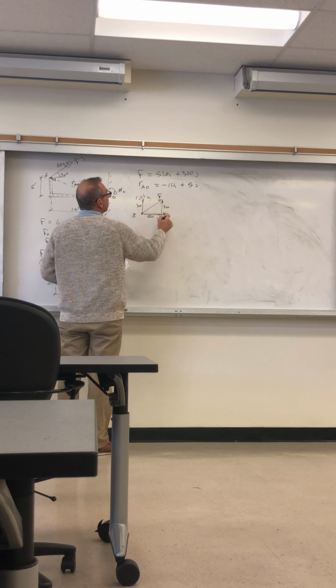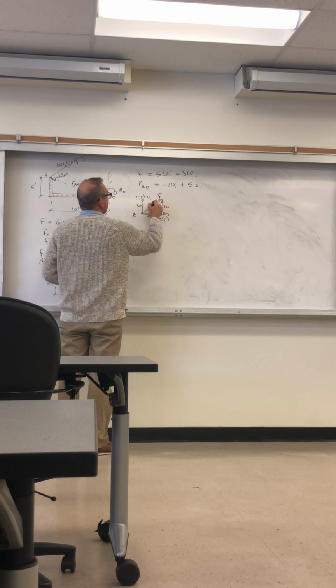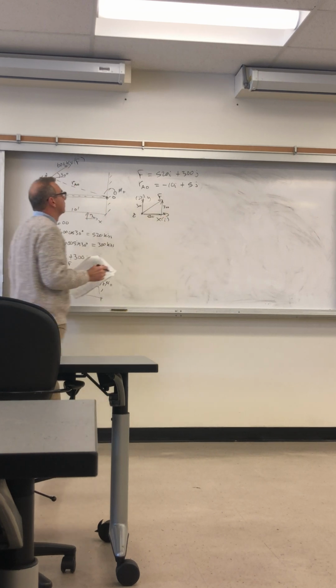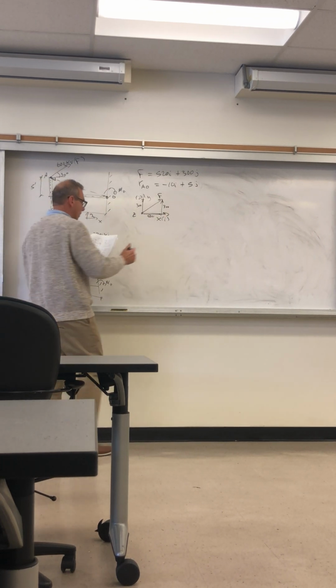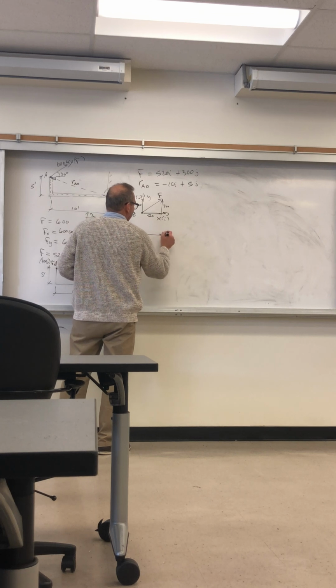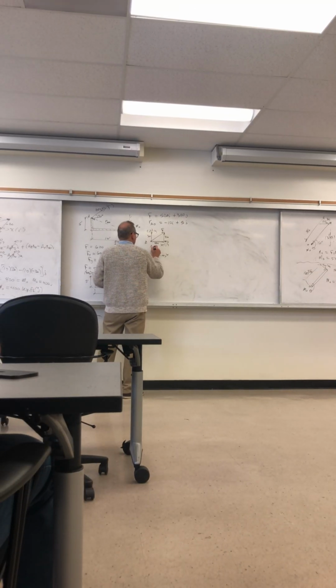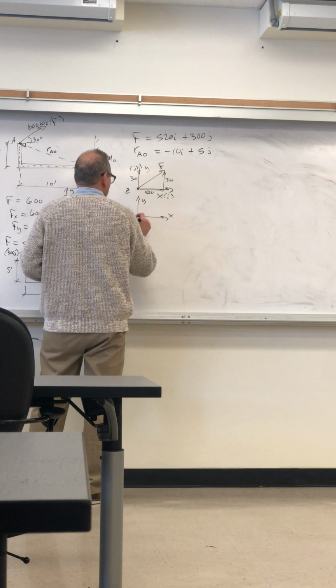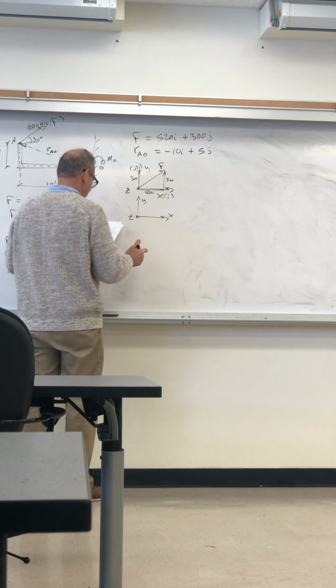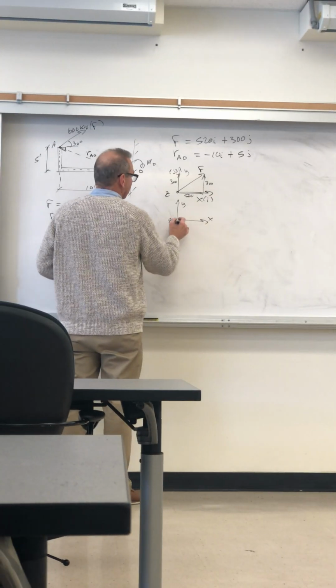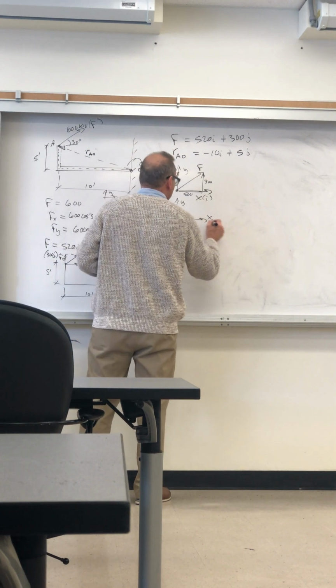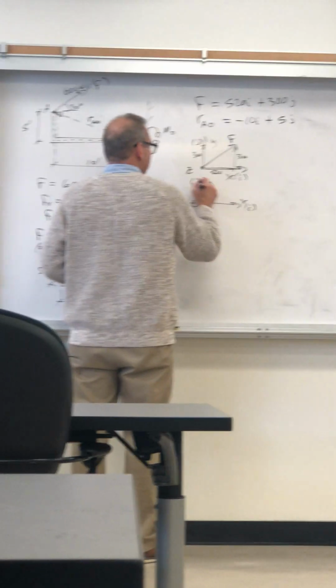520I, 300J, that gives us this F. And then as far as the direction goes, we have minus 10I, this is your I direction, J direction.